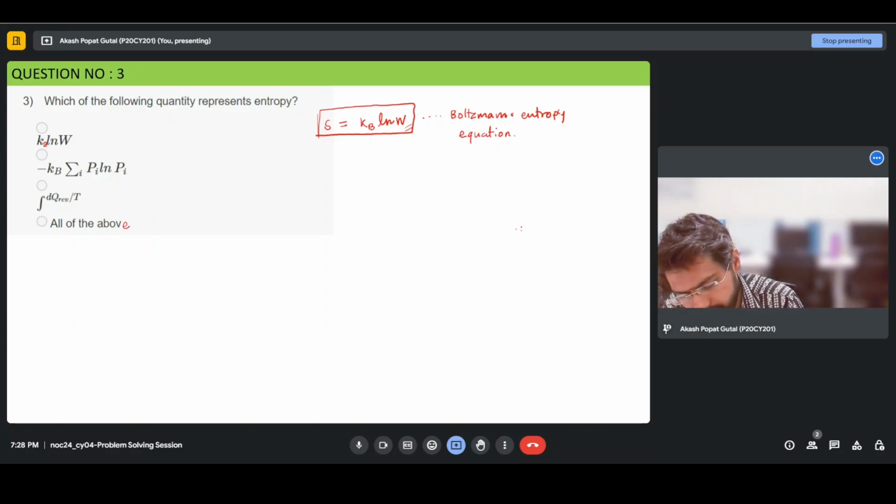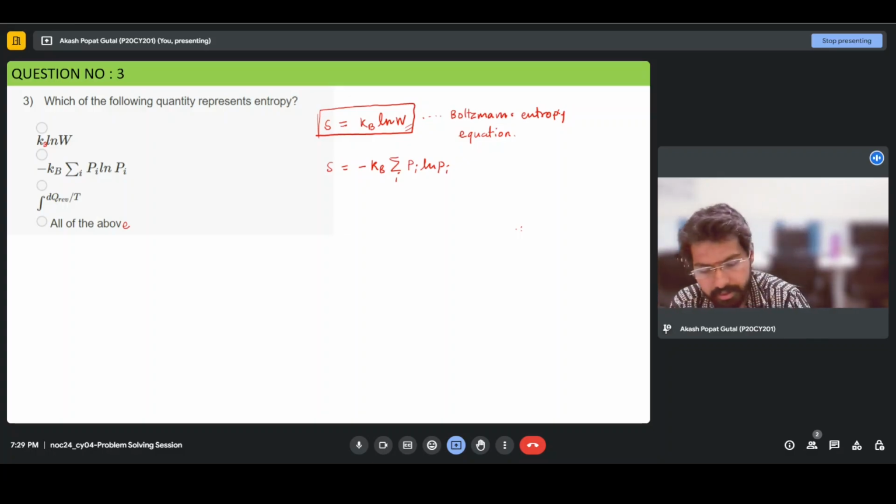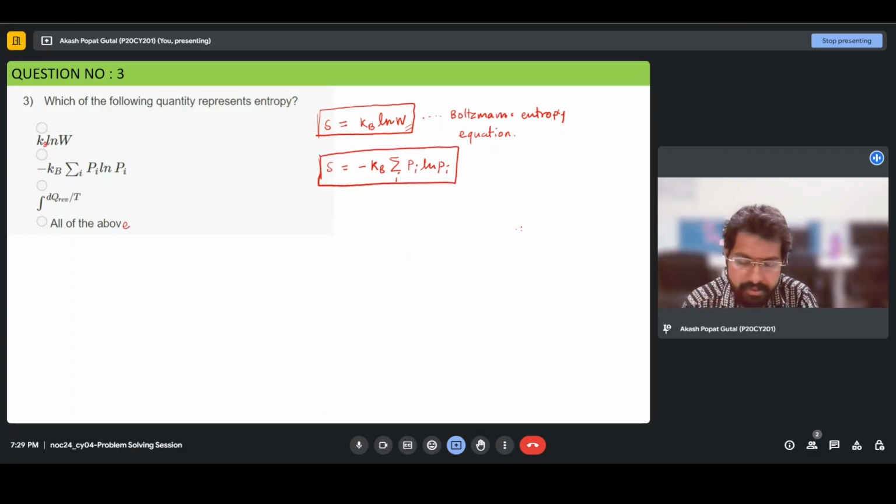The second form is S is equal to minus kB summation over i of pi ln pi. Here pi is the probability, and we have seen this equation in last week's lectures.